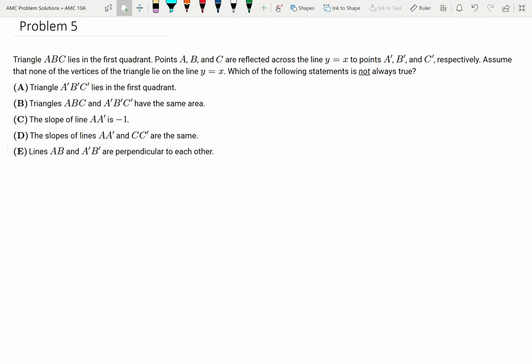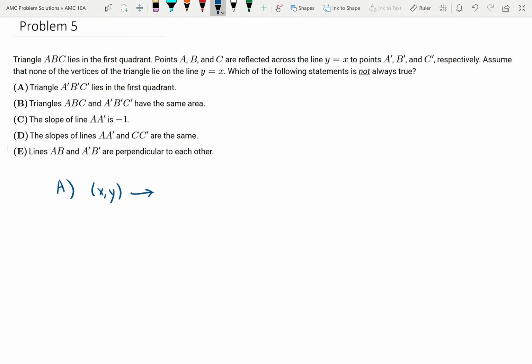So first, A: let's say triangle A prime, B prime, C prime lies in the first quadrant. Well, let's say I pick the point (x, y) on triangle ABC.